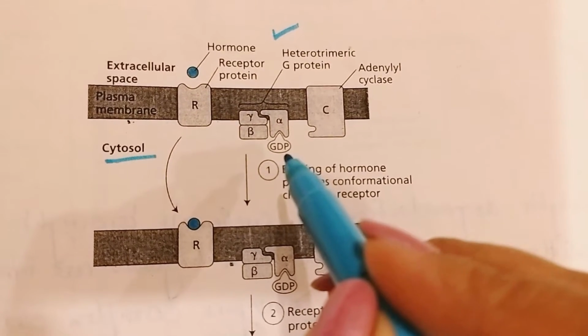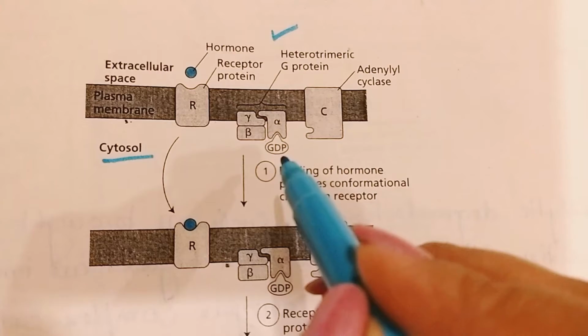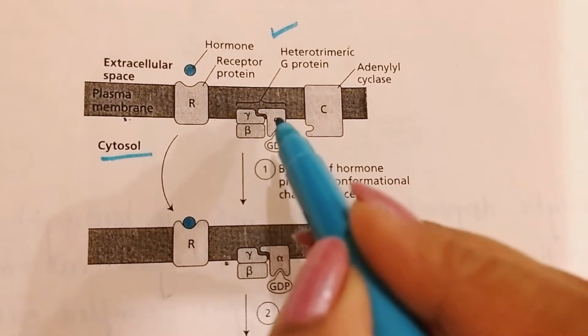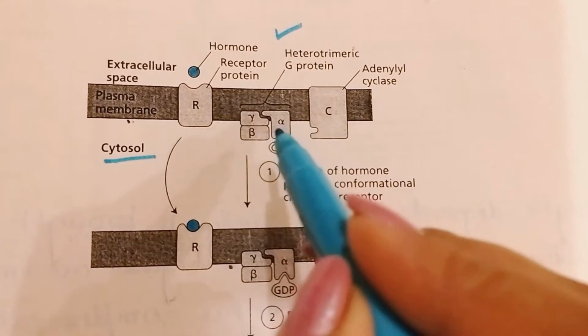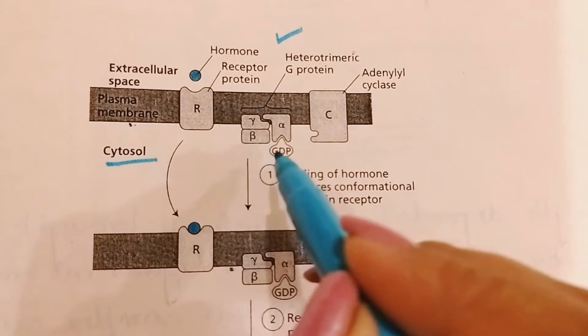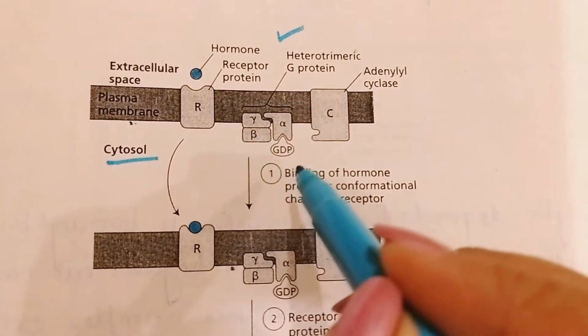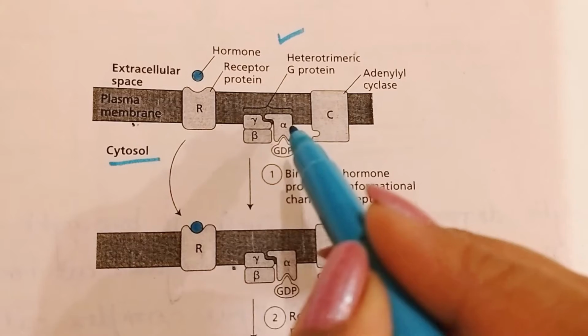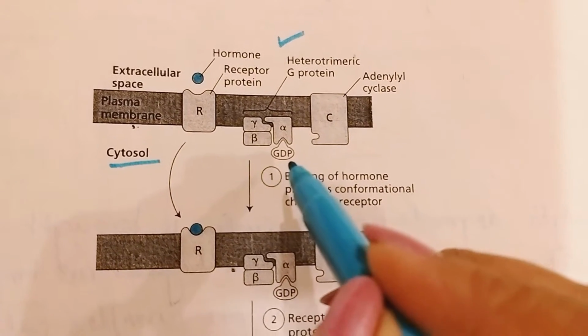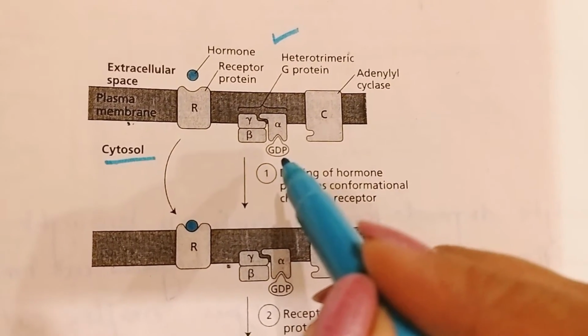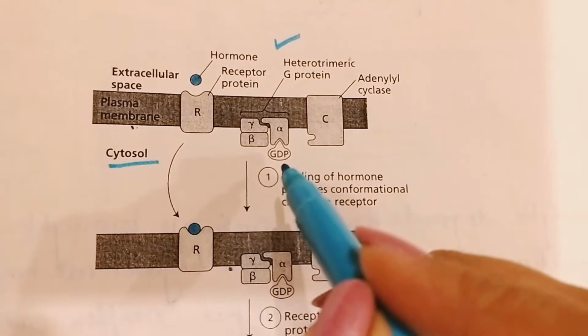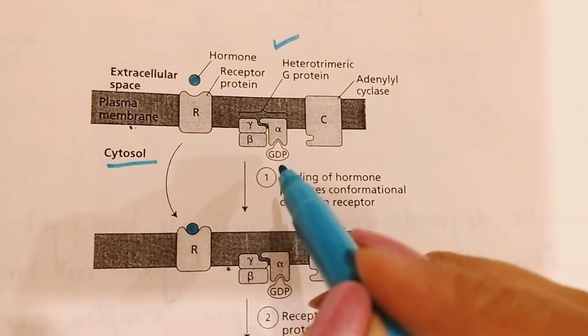In its inactive state, the alpha subunit of G protein is bound to GDP. This heterotrimeric G protein is in its inactive state, therefore the alpha subunit is bound to GDP. But when activation occurs, what happens?